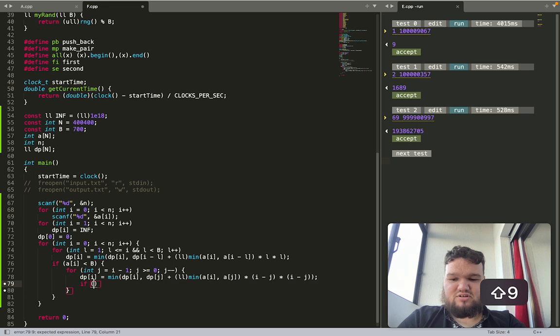And if this element is at most me, I stop. I don't need to do these transitions further.